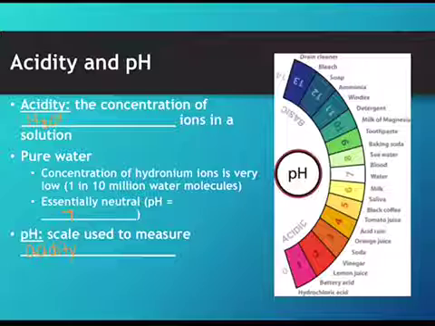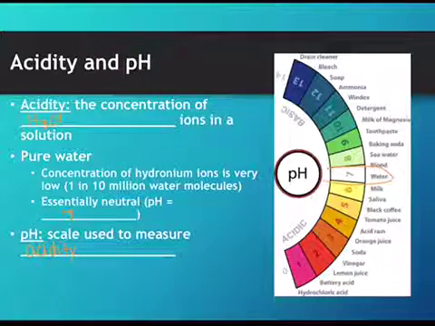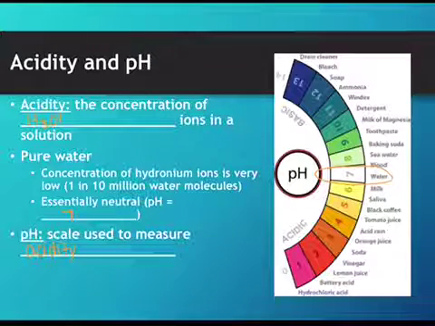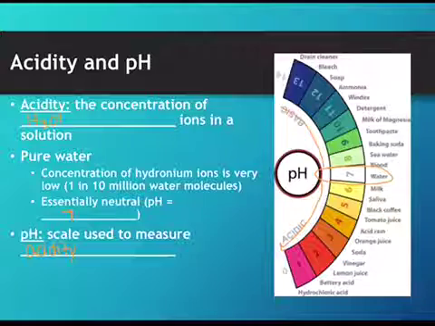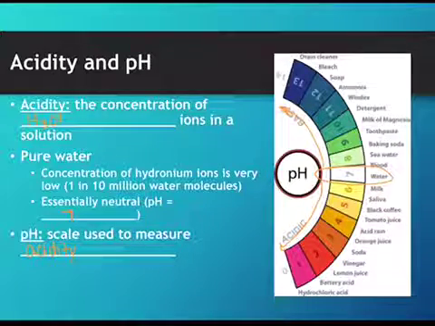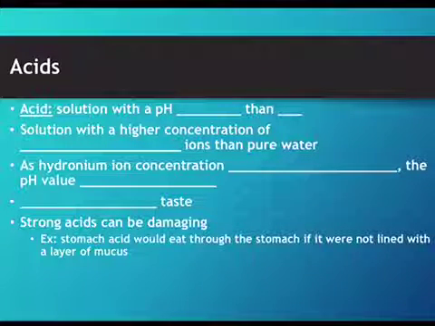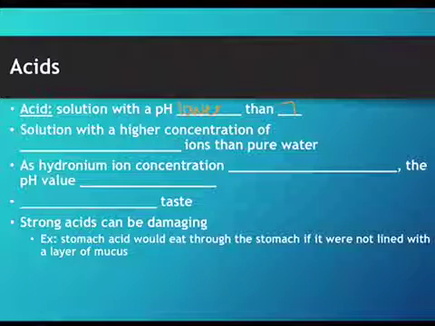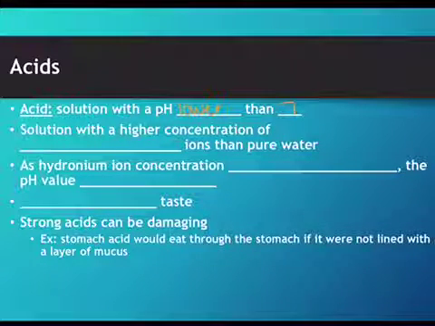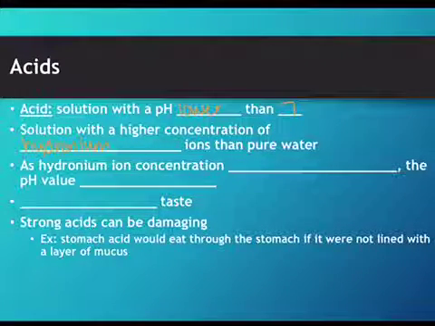And so I'm hoping, as a refresher, you've seen the pH scale before, and that water is neutral at 7. As you decrease numbers, your acidity goes up. As you increase numbers, your basicity increases. So acids are solutions with a pH lower than 7. And these are solutions with a higher concentration of hydronium ions than pure water.